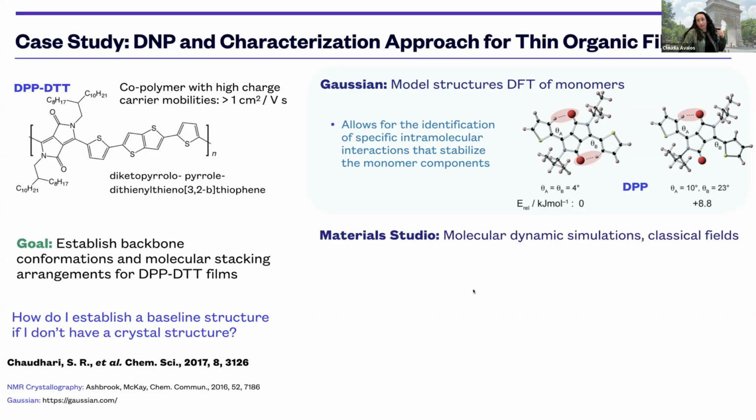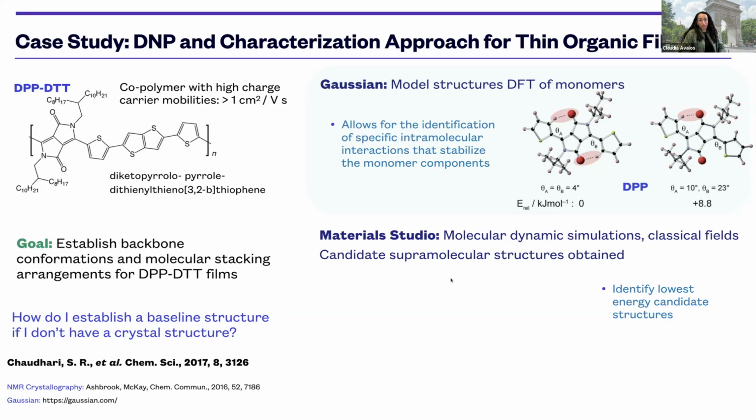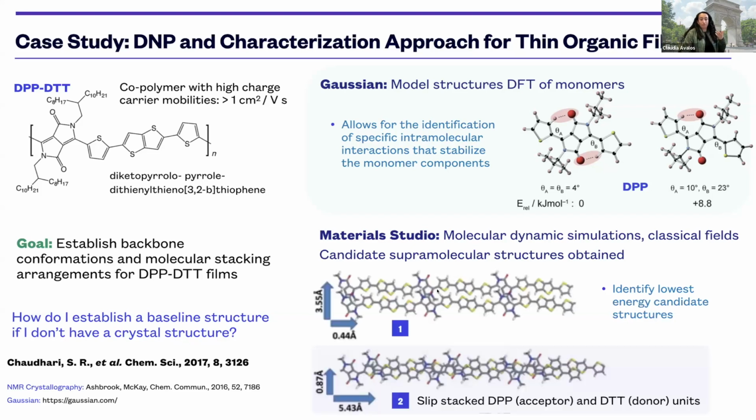In this study, in order to create a model system for the film, Materials Studio was used. Molecular dynamics simulations are done with classical force fields, and you can then obtain some supramolecular structures. Here, you can identify the lowest energy candidate structures. These are quite blurry.